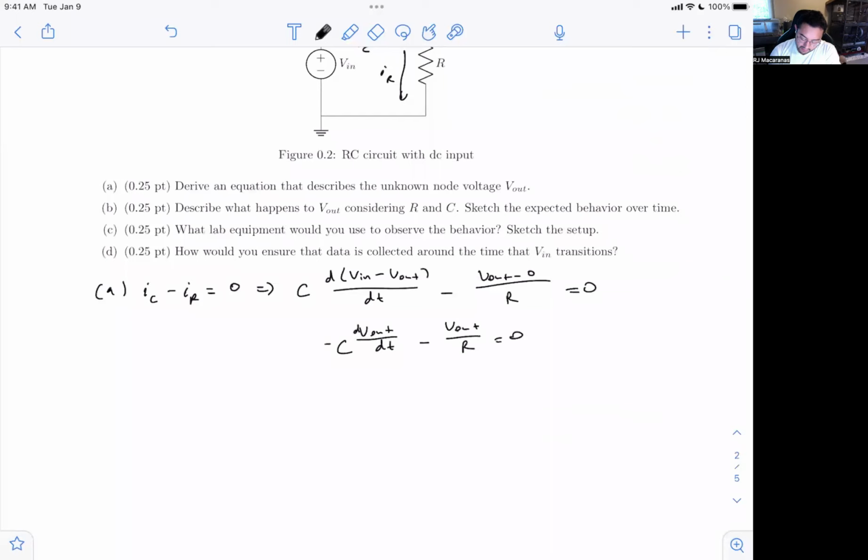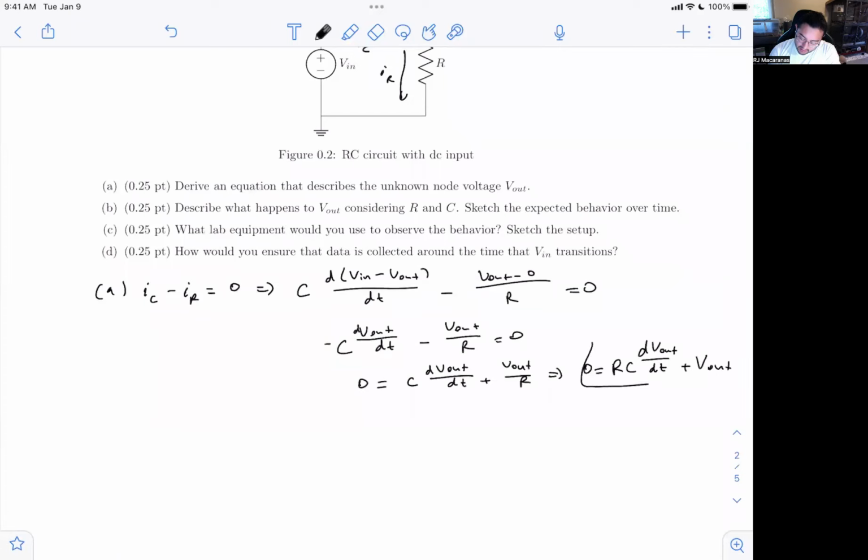If I move everything over, 0 is equal to C dV out by dt plus V out by R. And then I just multiply through by R to get 0 is RC dV out by dt plus V out.